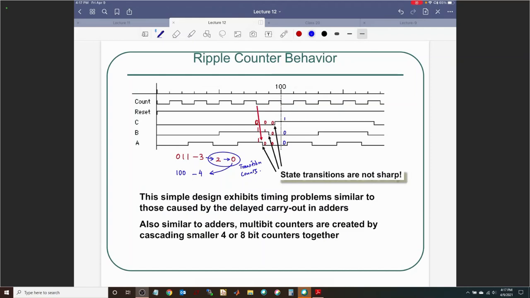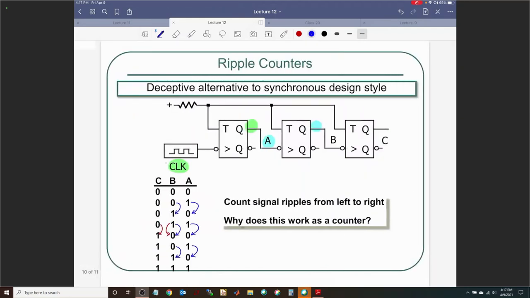Now, here is what I want to leave you with. You have put all these inputs to a high and you have connected the outputs into the negative edge of the counter. And if you connect the true outputs to the negative edge, you get a counter that goes from 0 all the way to 7.